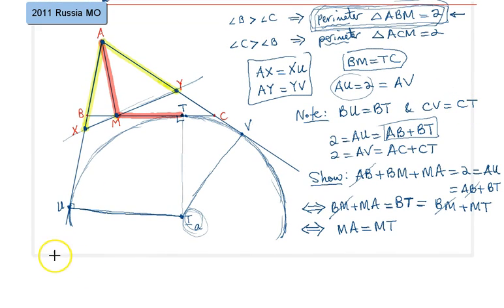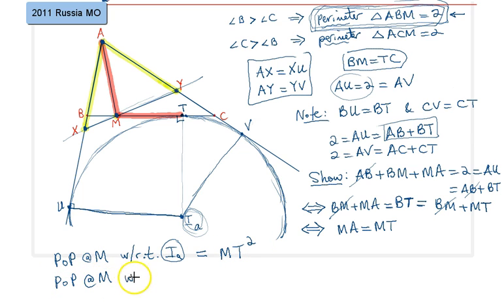So I know that the power of point M with respect to the circle centered at I sub A, the power of point M with respect to that X circle is simply MT squared. And how about the power of the same point M with respect to that circle centered at point A with radius 0? It's simply MA squared.